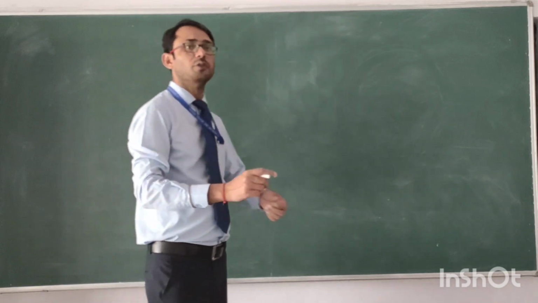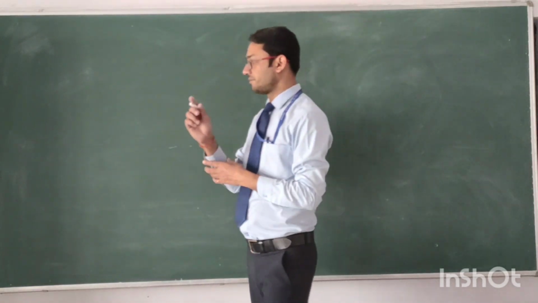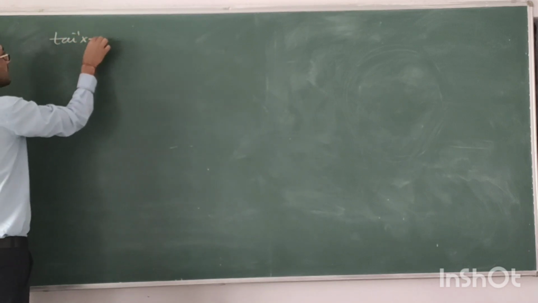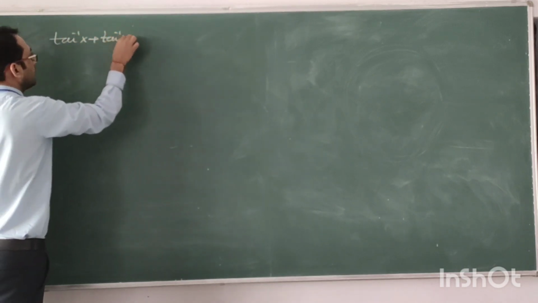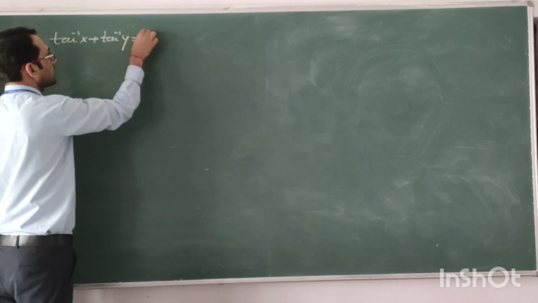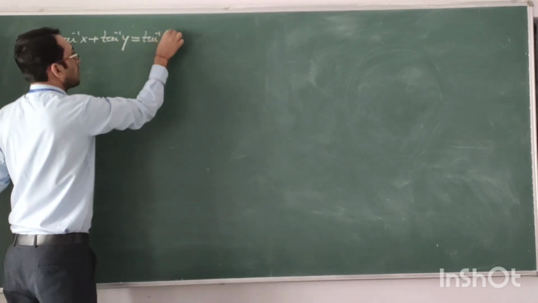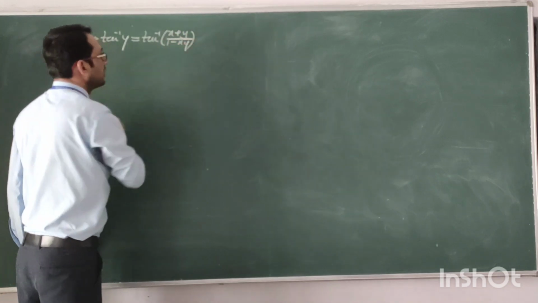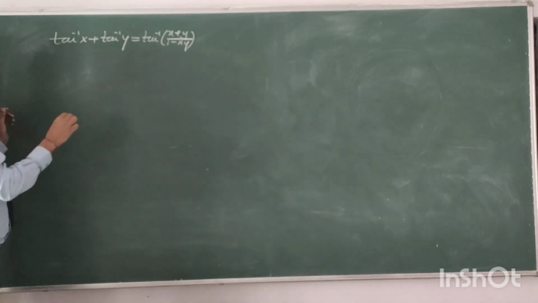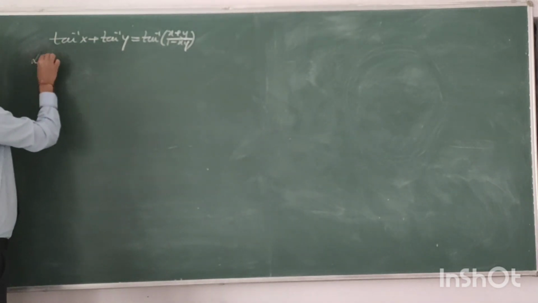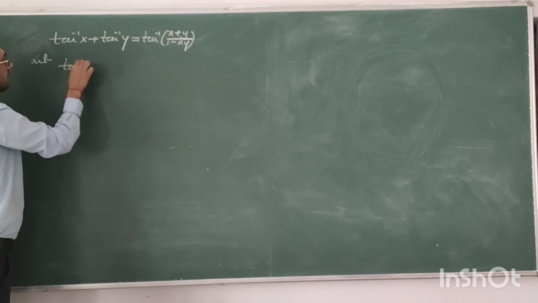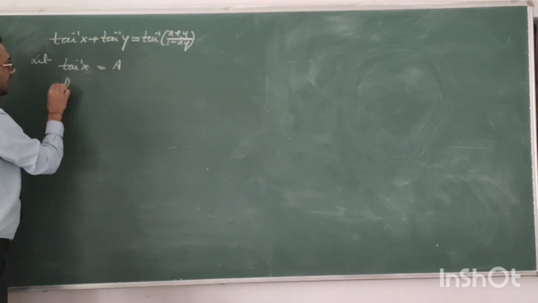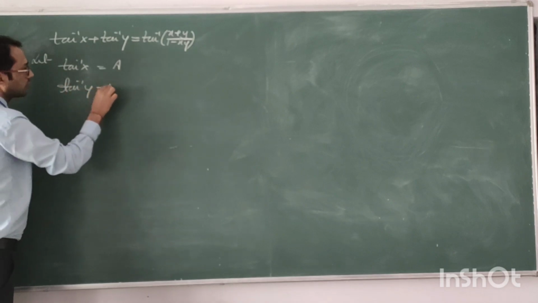Yes, beta, we need to prove our next identity. It is tan inverse x plus tan inverse y equals tan inverse of x plus y upon 1 minus xy. Let us prove it. So we suppose tan inverse x equals a and tan inverse y equals b.